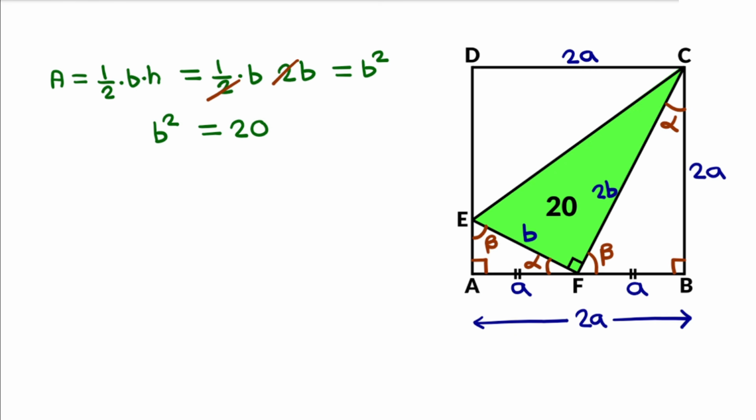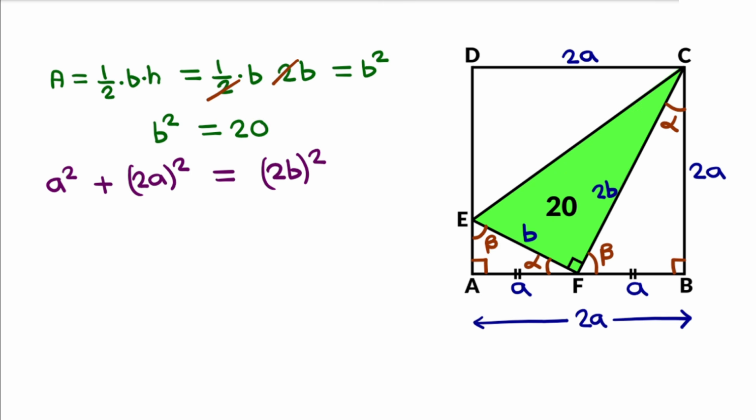Now let's connect B and A using the Pythagorean theorem. Look at the bottom right triangle, FBC. Its legs are A and 2A. Its hypotenuse is 2B. Applying the Pythagorean theorem gives A squared plus the quantity 2A squared equals the quantity 2B squared.